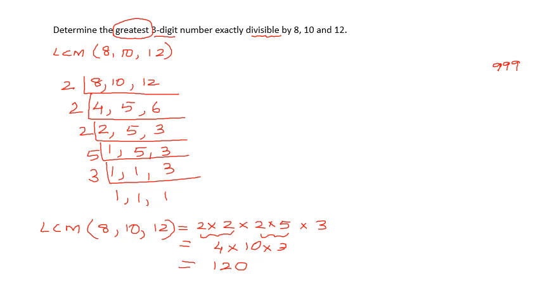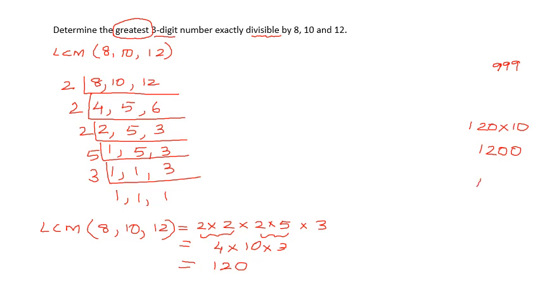So now we have to find out which will be the greatest 3-digit number that we can take to finish this. How are we going to do it? Yes, you have to find the multiples of 120. 120 into 10 becomes 1200. So it becomes a 4-digit number. We don't need a 4-digit number, we need only a 3-digit number.